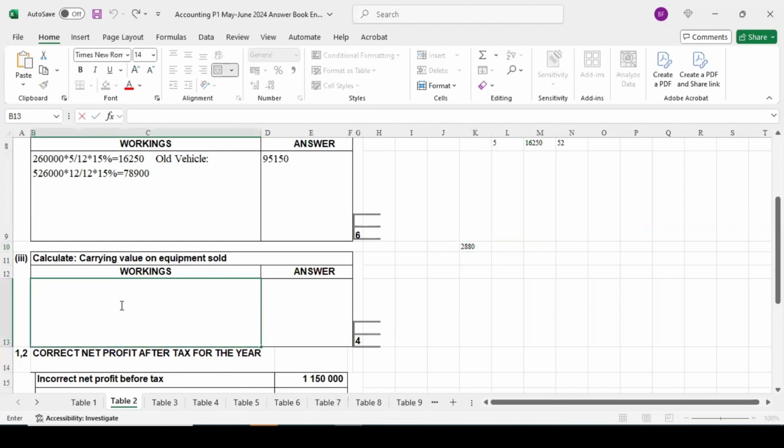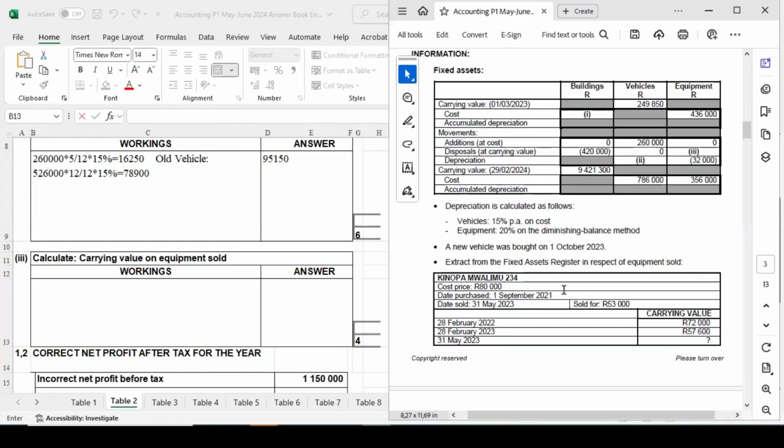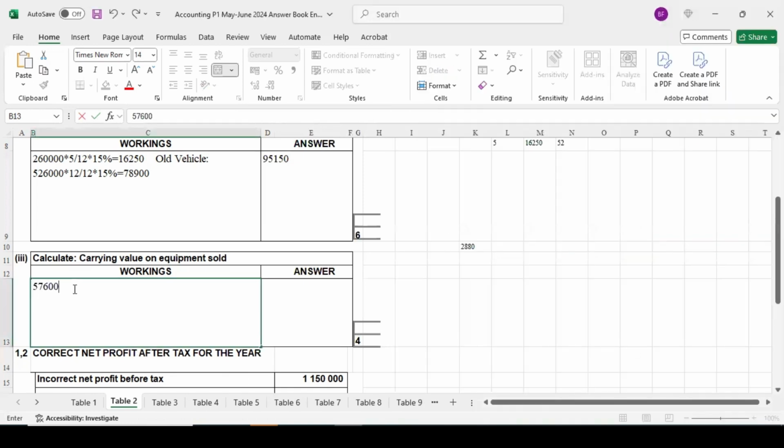So to calculate our disposal at carrying value, we are going to take the balance at the beginning of the year, which is the carrying value at the beginning of the year for the vehicle, which was 57,600. Going to say 57,600 minus the depreciation, 2,880, to get how much was the disposal at carrying value. This is how you calculate a disposal on your fixed asset register or your fixed asset note.